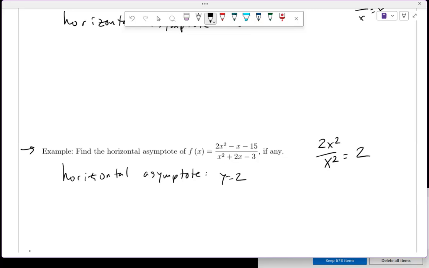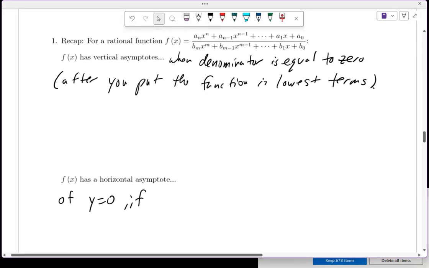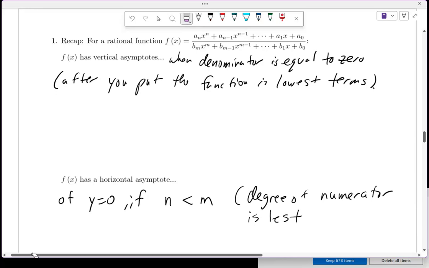So summarizing that, it has a horizontal asymptote of y equals 0 if the degree of the top, which I have denoted by n here, is less than the degree of the bottom, or m. So I'll just write that in words. The degree of the top is less than the degree of the bottom.